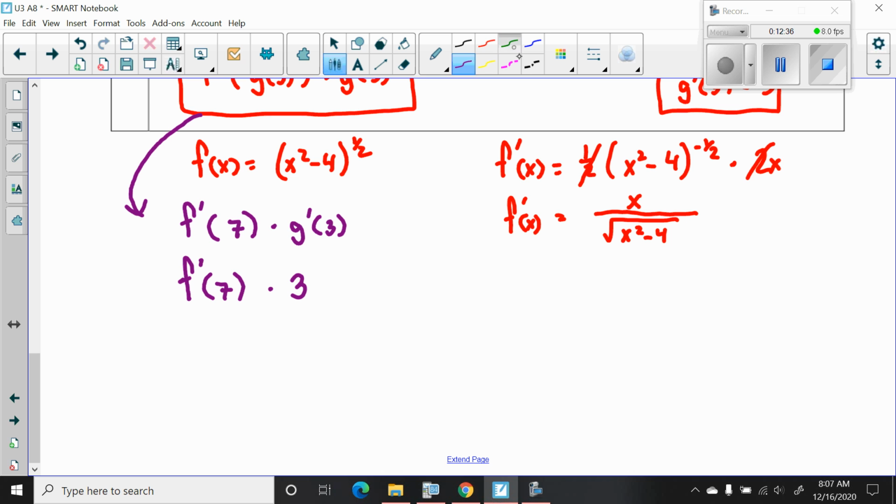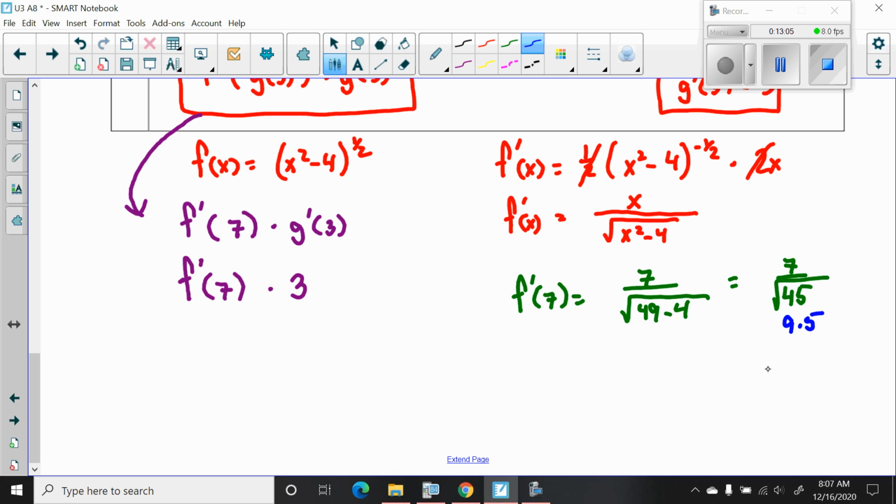So f prime of 7 equals 7 divided by the square root of 7 squared, which is 49, minus 4, and 49 minus 4 is 45. So it's square root of 45. The only thing I'd be concerned about is that 45 is 9 times 5, and the square root of 9 is 3.